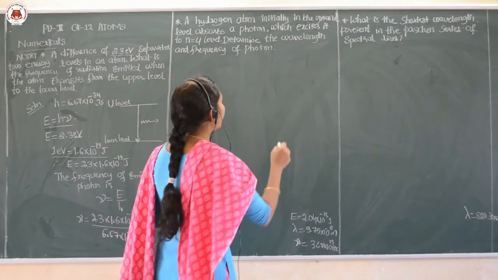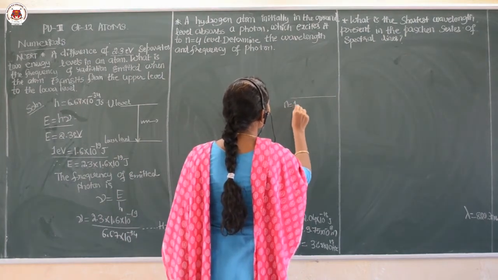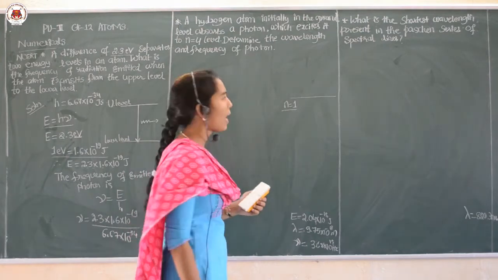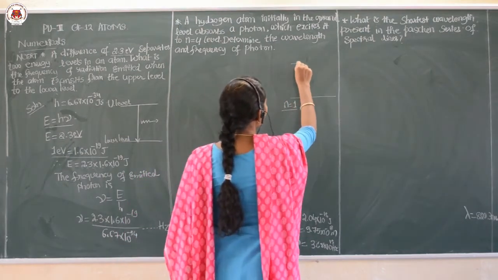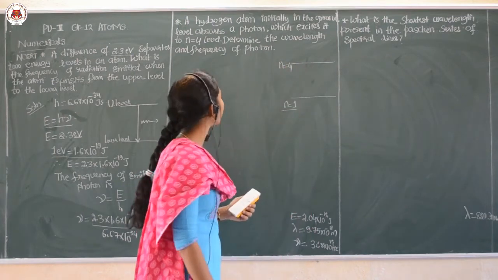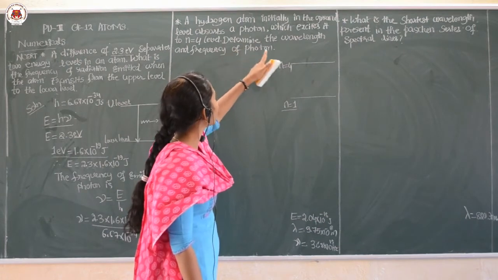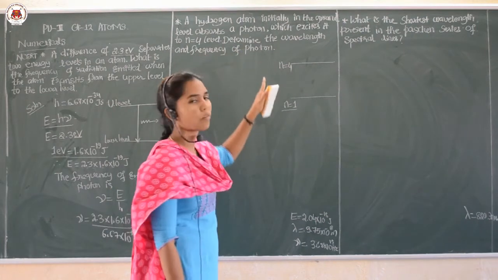That means it was in the ground level, let us take n is equal to 1 first, and it is excited to n is equal to 4. Then the question is: determine the wavelength and the frequency of the photon.